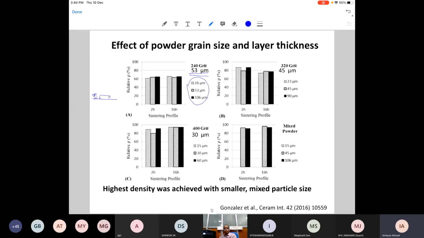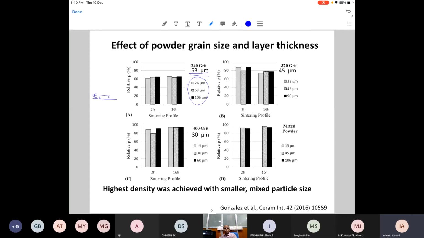So zinc oxide or silica is sometimes added to tricalcium phosphate, and people have achieved about 95% relative density. Relative density means theoretically the compound, if it is 100% dense, should have a certain density, and the density of the material that you have prepared is compared with that theoretical density.